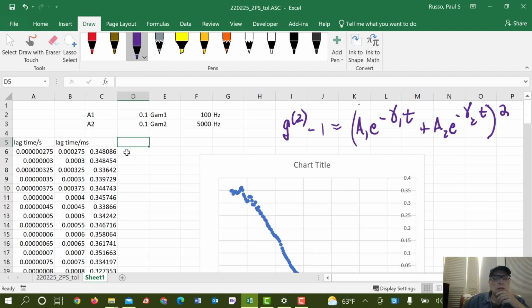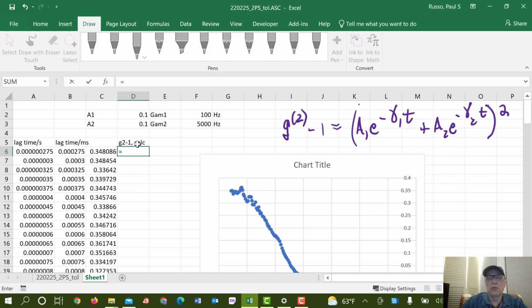So let's build that. We'll do G2 minus 1 calculated equals amplitude 1 star exp minus gamma 1. And the numbers that are in there now are just there for the hell of it.